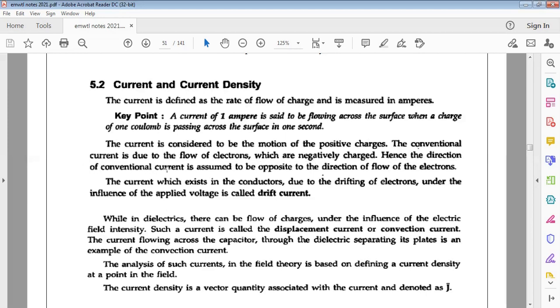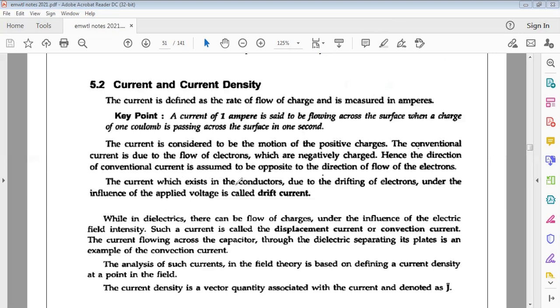Remember, my dear students, the direction is very important. Hence the direction of conventional current is assumed to be opposite to the direction of the flow of electrons. So the flow of electrons is towards the negative real axis, and the current is flowing into the positive real axis.